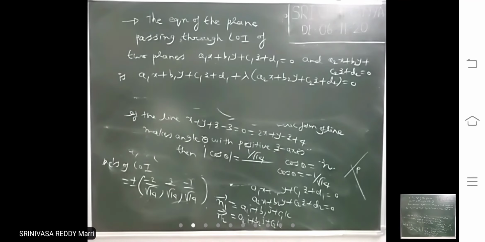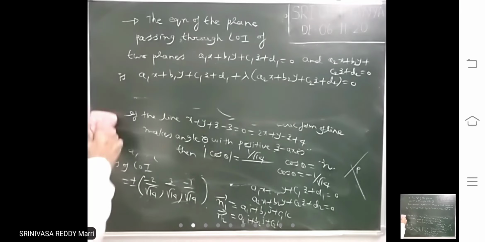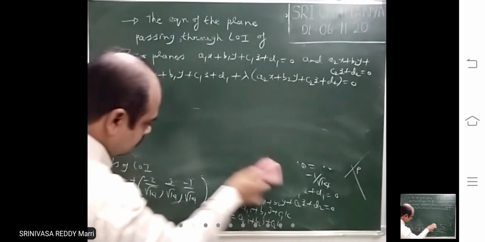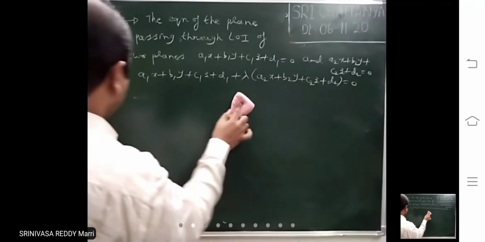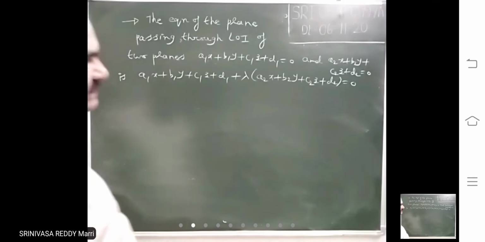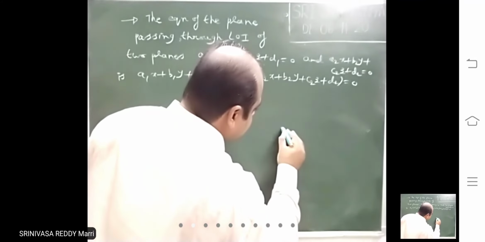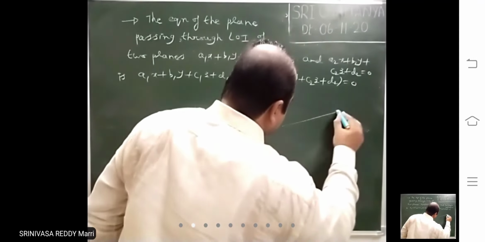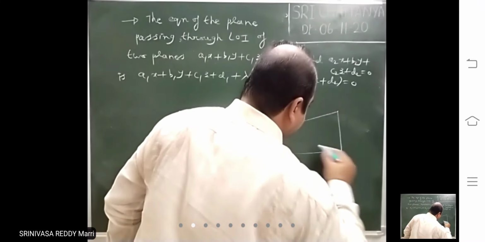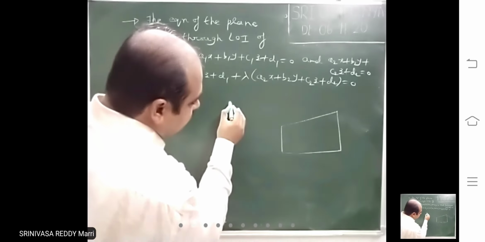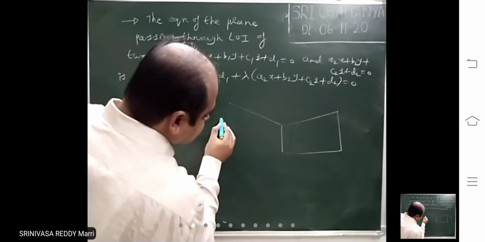Look at what this means. There are two planes, let us say represented like this. One plane, let us say like this, your paper, one paper, and then another plane is like this.